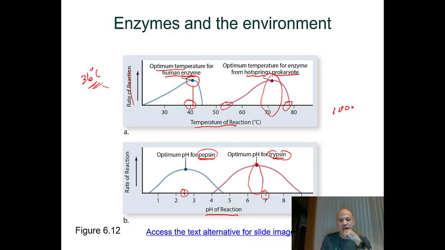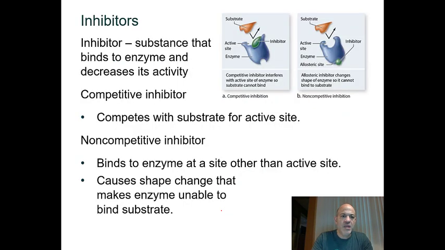So trypsin will not work at a lower pH, and pepsin will not work at a higher pH. They have optimum pHs at which they act based on the environment that they're in, right? And the same idea here, this axis is the rate at which that enzyme is working under varying pH conditions.